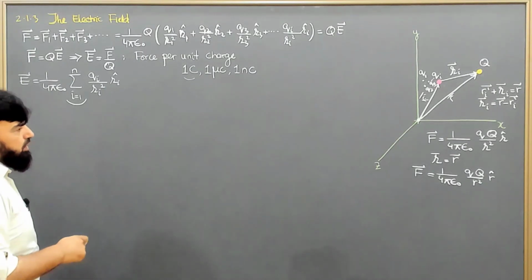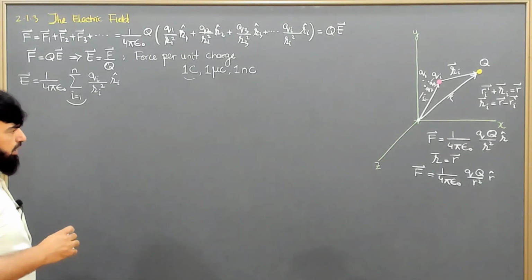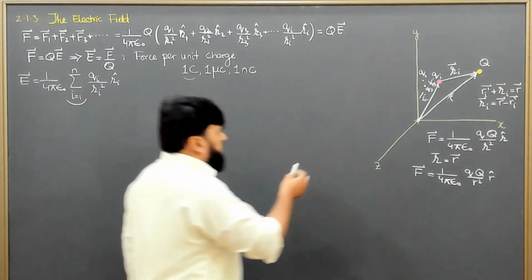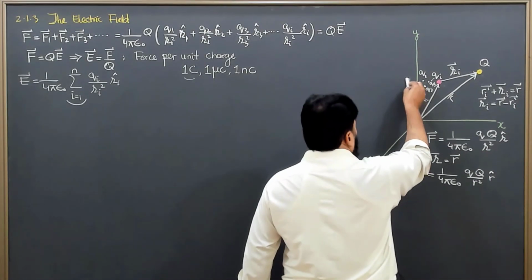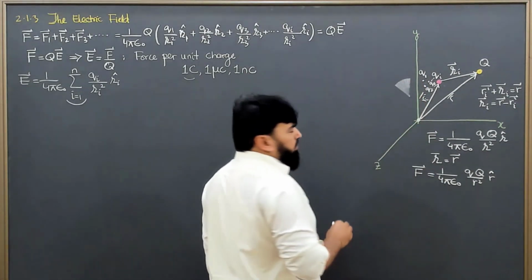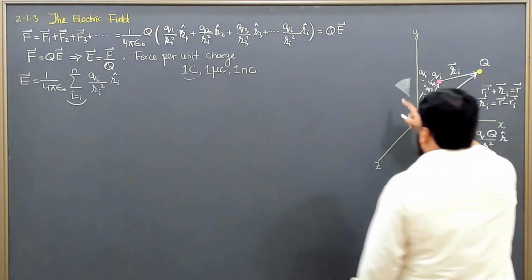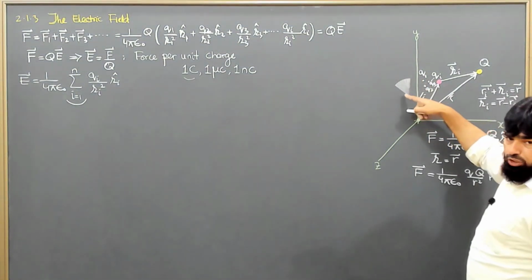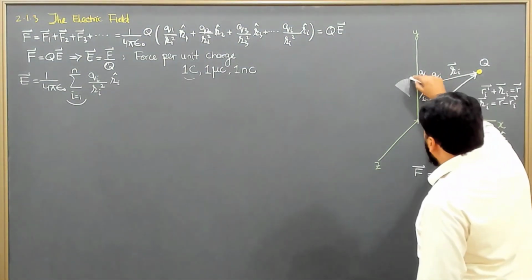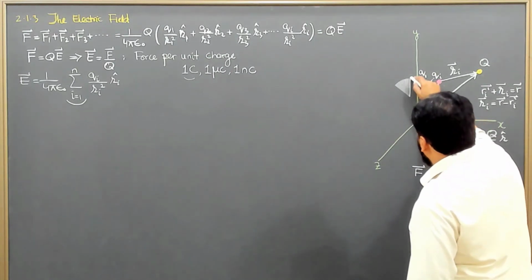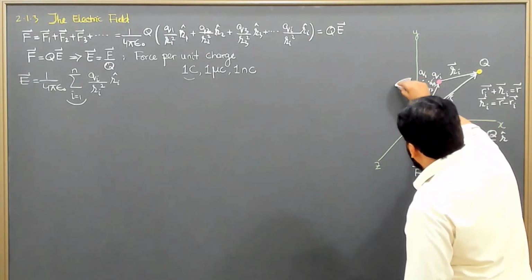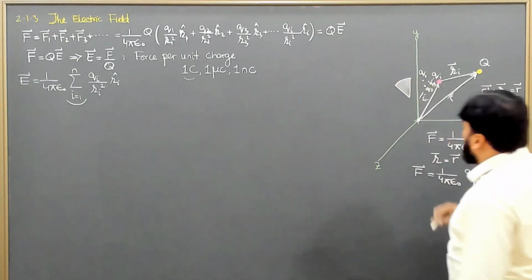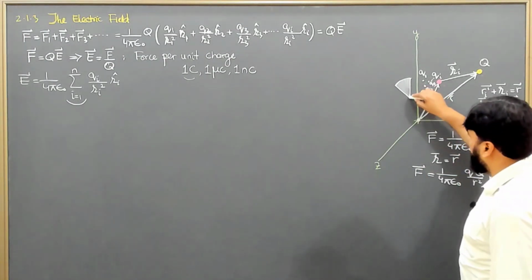But when charges are not countable, like they are just, for example, like this, then we have a continuous charge distribution here, and we can sum these up with the help of integration.